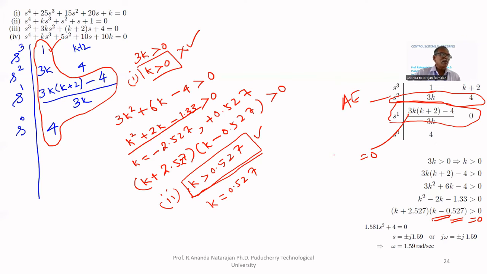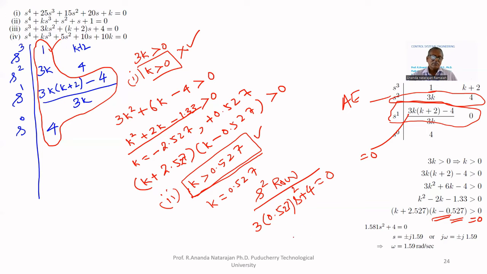Auxiliary equation means we can find poles on the j omega axis. Therefore, substitute K value in the S square row. Take the S square row and substitute K value: 3 times 0.527 plus 4, s square plus 4 equal to 0.